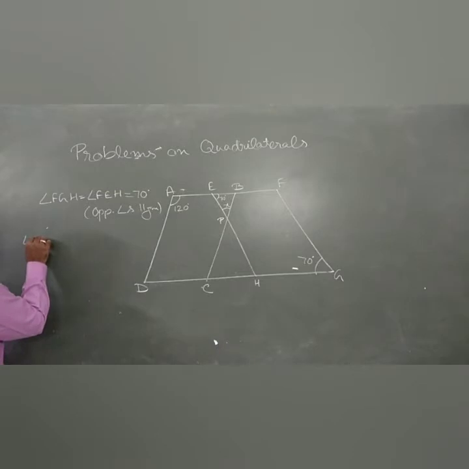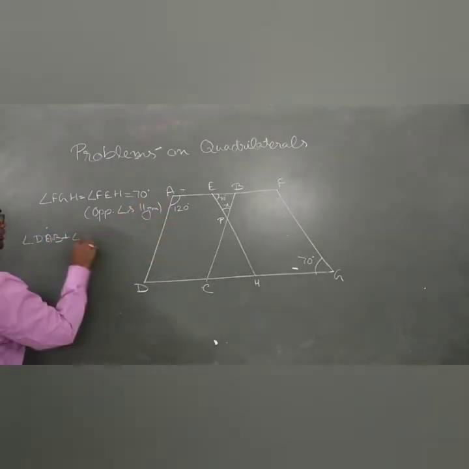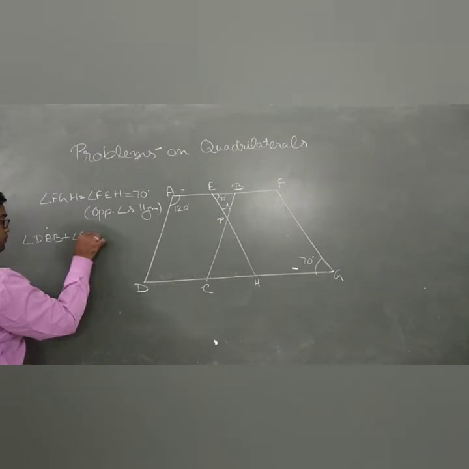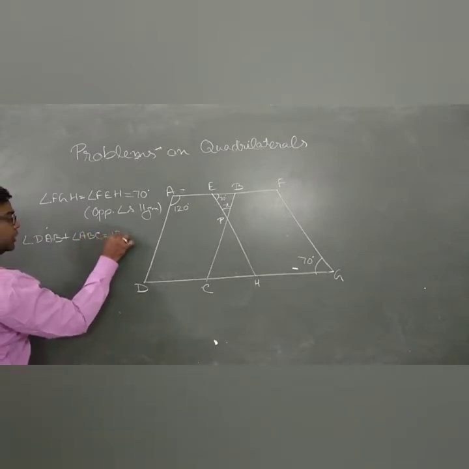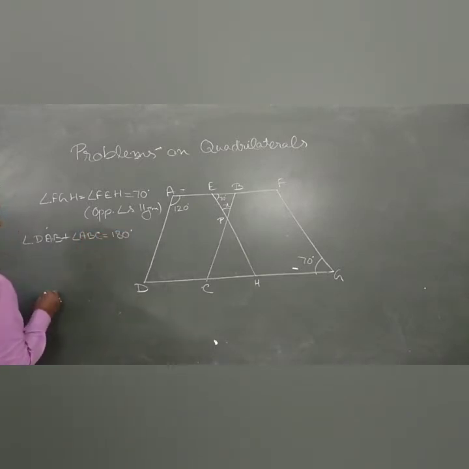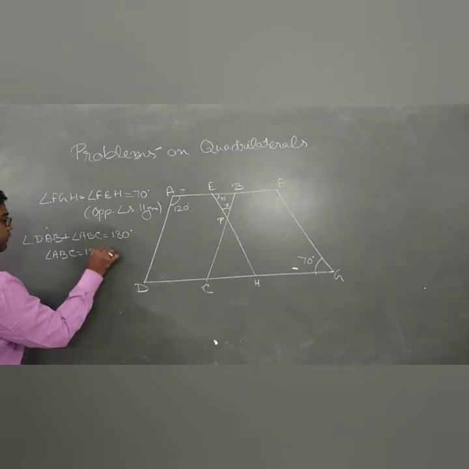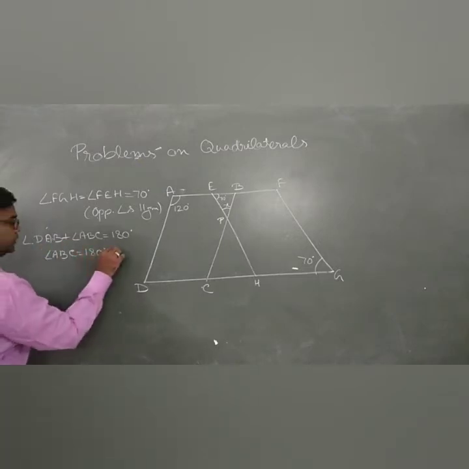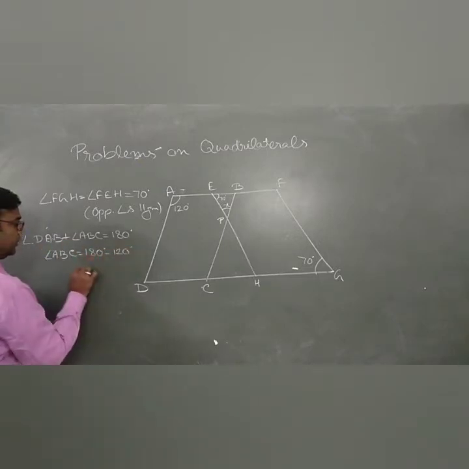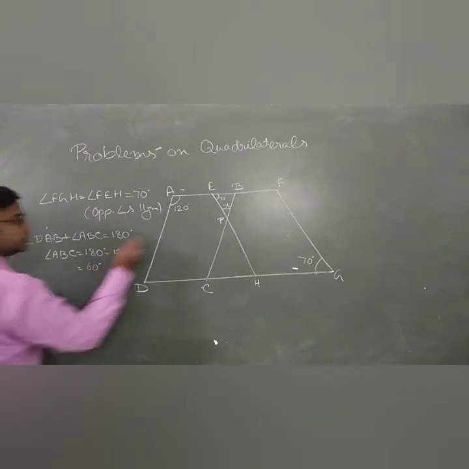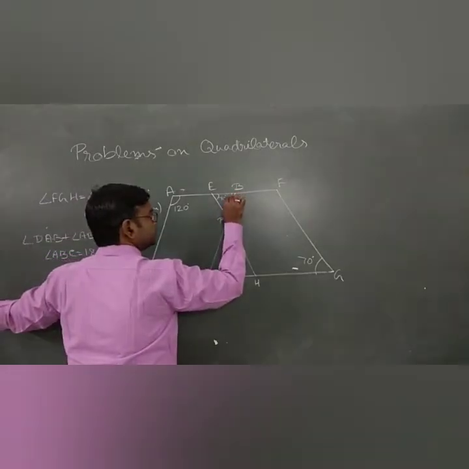So angle DAB plus angle ABC equals 180 degrees. What is the value of DAB? It's 120. So this is equal to 60 degrees. This one is also equal to 60 degrees.